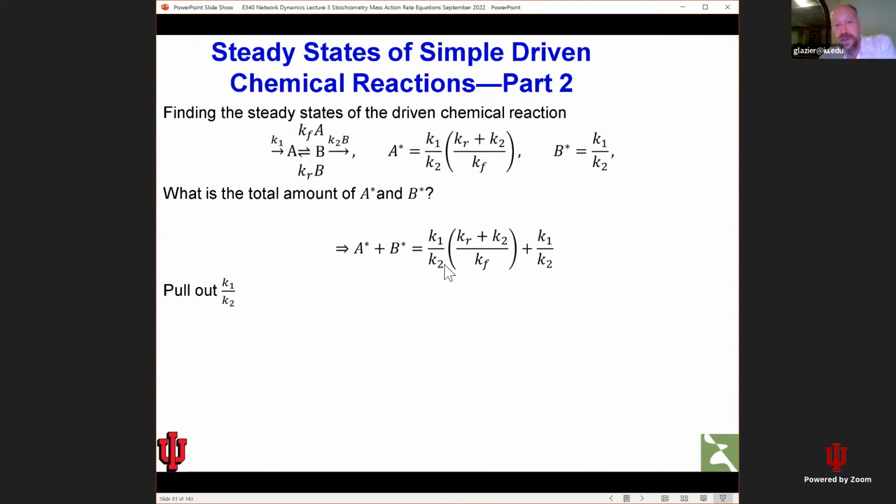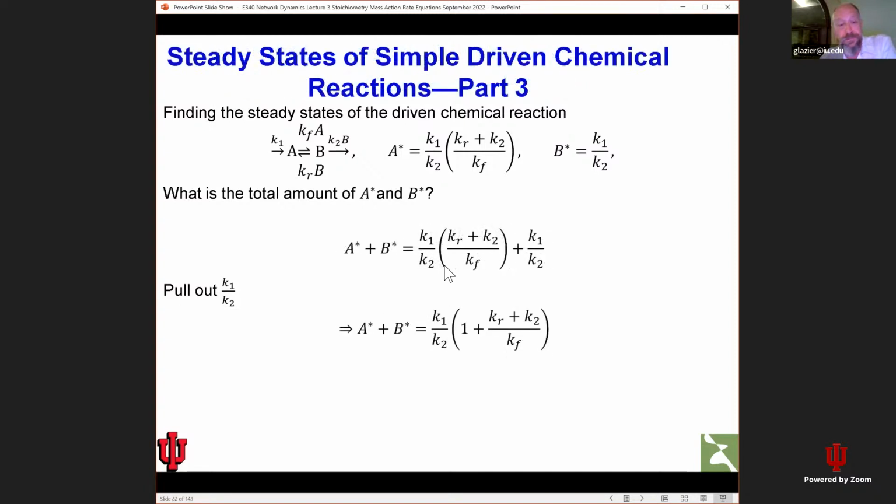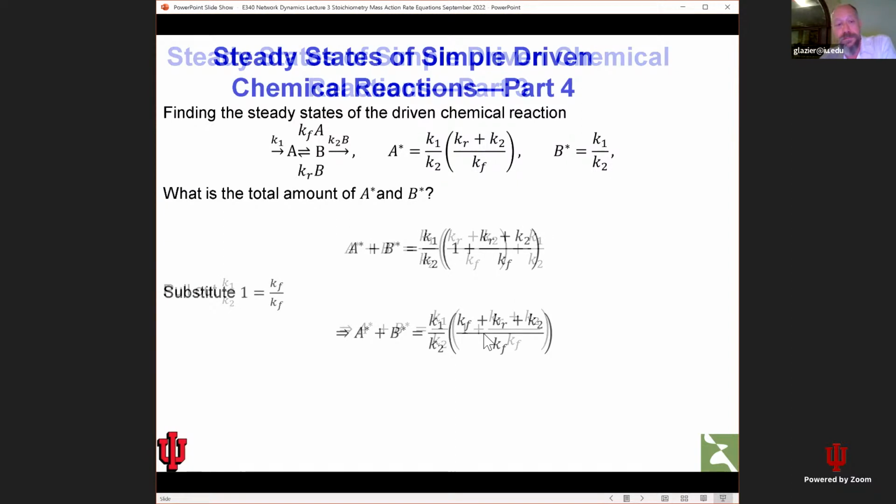I distribute out the K1 over K2. A star plus B star is K1 over K2 times 1 plus KR plus K2 over KF. This gives me KF over KF, and I get the form K1 over K2 times KF plus KR plus K2, divided by KF.